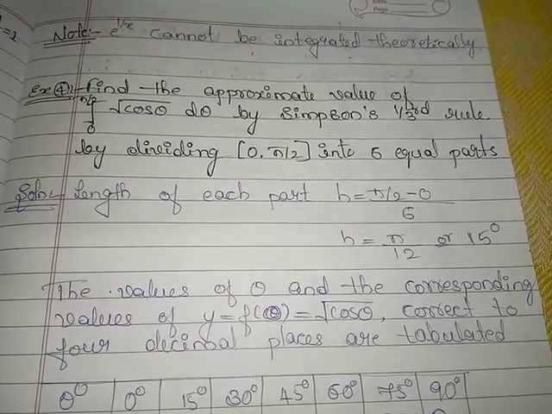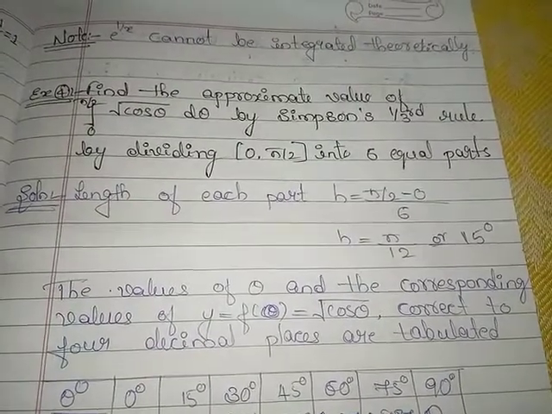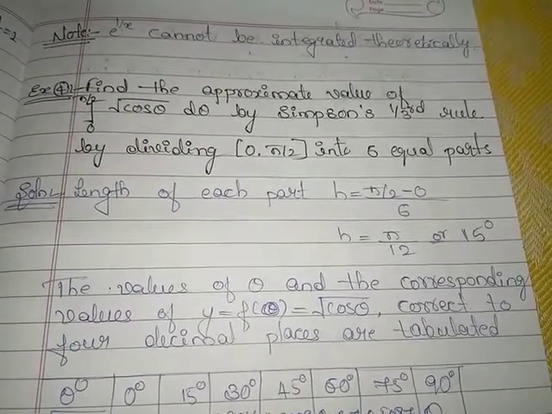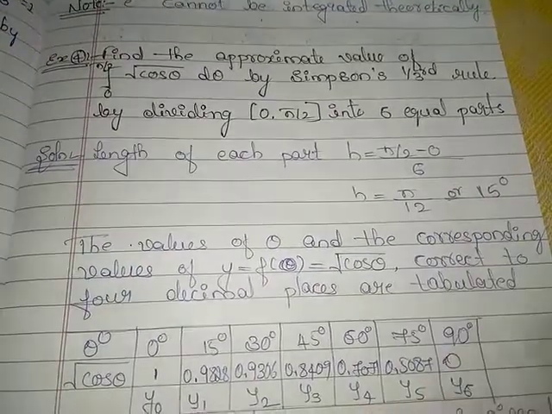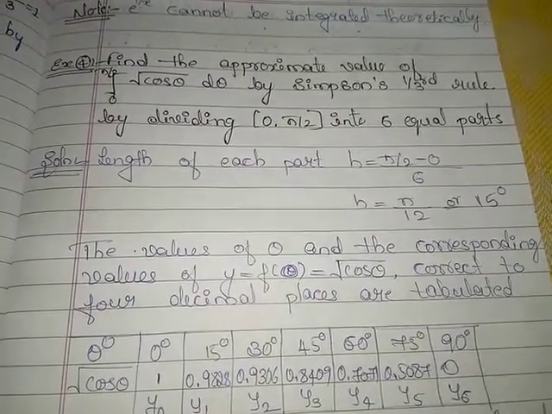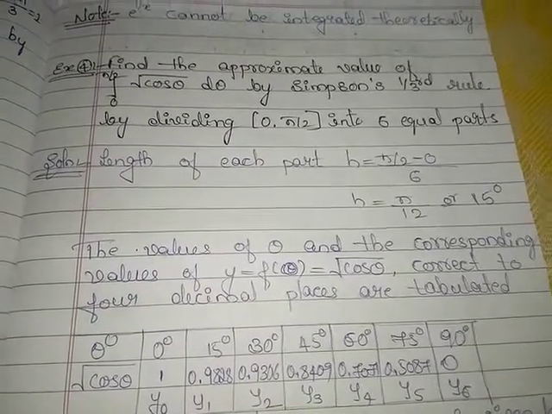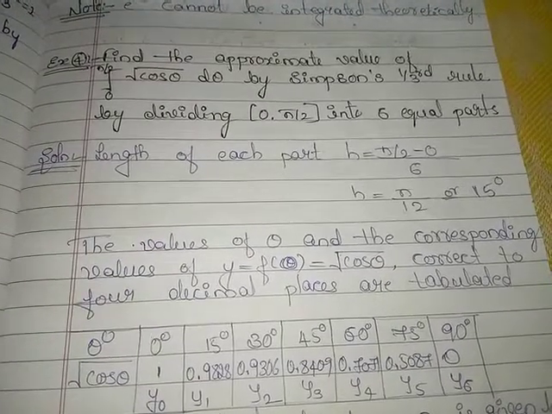find the approximate value of the integration from 0 to pi by 2 of square root of cos theta into d theta by Simpson's 1/3 rule by dividing 0 to pi by 2 into 6 equal parts. Here also we have to use Simpson's 1/3 rule and the n value is 6, the a value is 0, the b value is pi by 2, meaning we have to divide this interval 0 to pi by 2 into 6 equal parts.